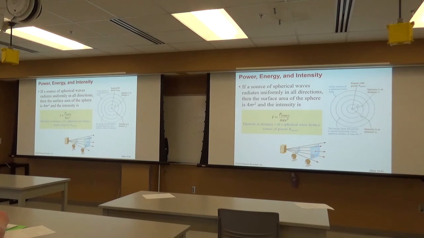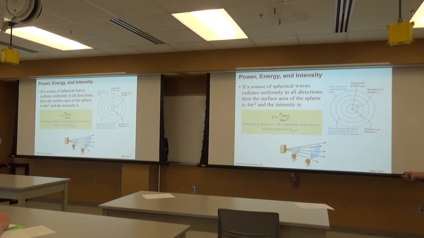So now let's talk about loudness. The more the intensity of sound, the louder the sound is. Here versus here, the sound is falling over a smaller area here, so there is more intensity of sound here.